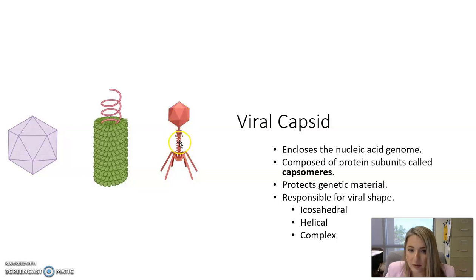So we already have those two different shapes in one virus here. And then they actually have these little tail fibers that essentially serve to attach them to different bacterial cells for infection. But because they have multiple shapes making up one viral unit, they're considered complex in their shape.